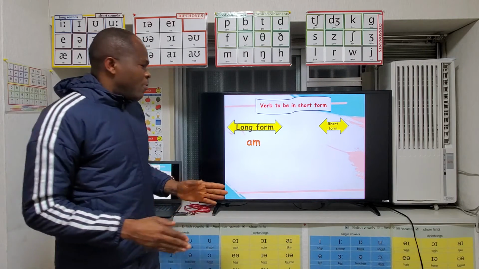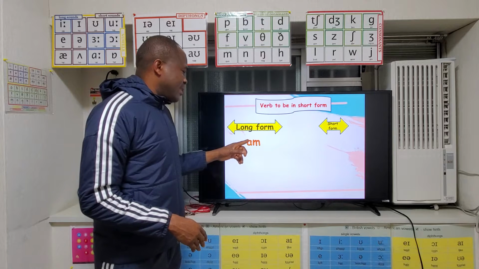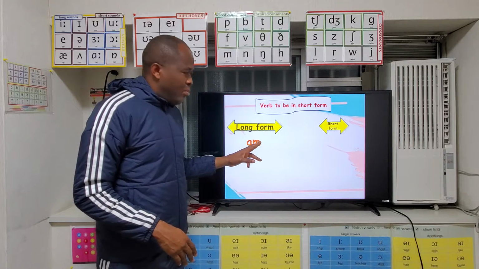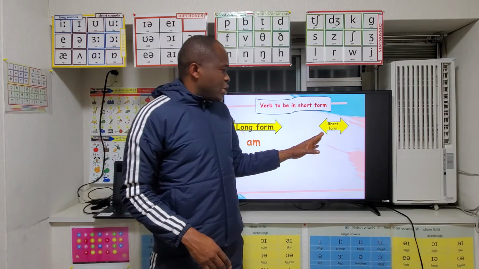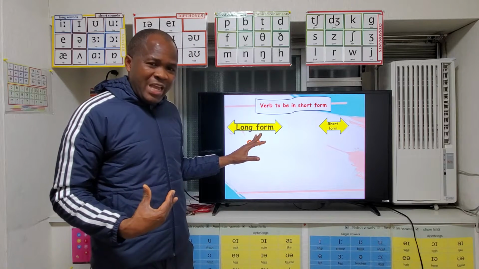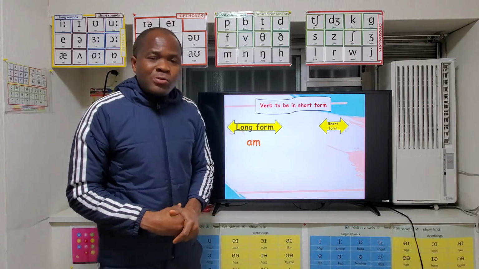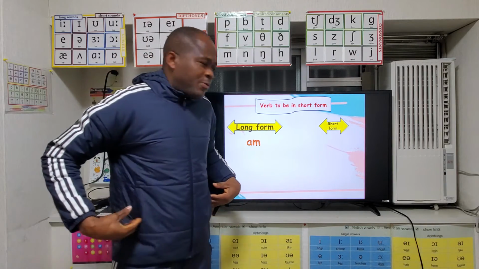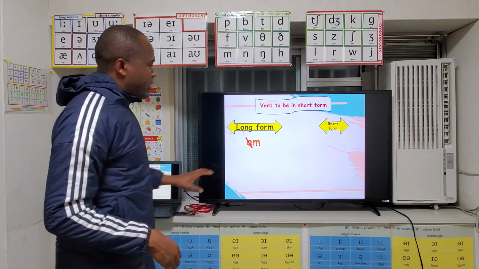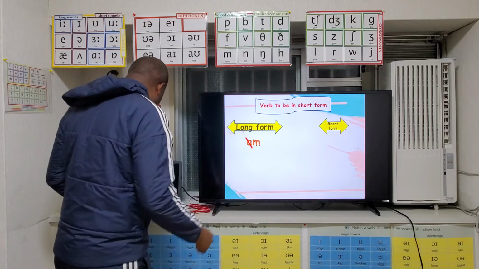To make the short form, it's just a matter of deleting or crossing out the first letter, that is the A, and leaving the M. When we get rid of the A, we have to replace it with an apostrophe.